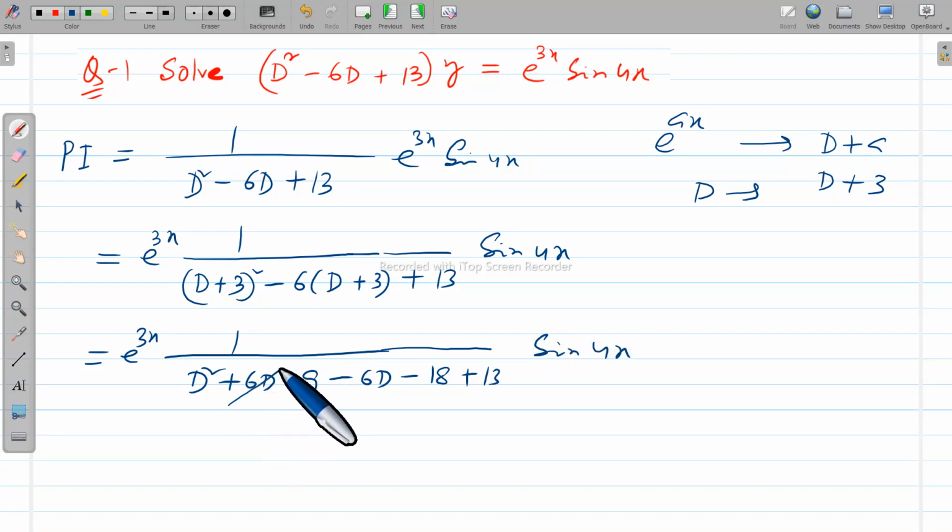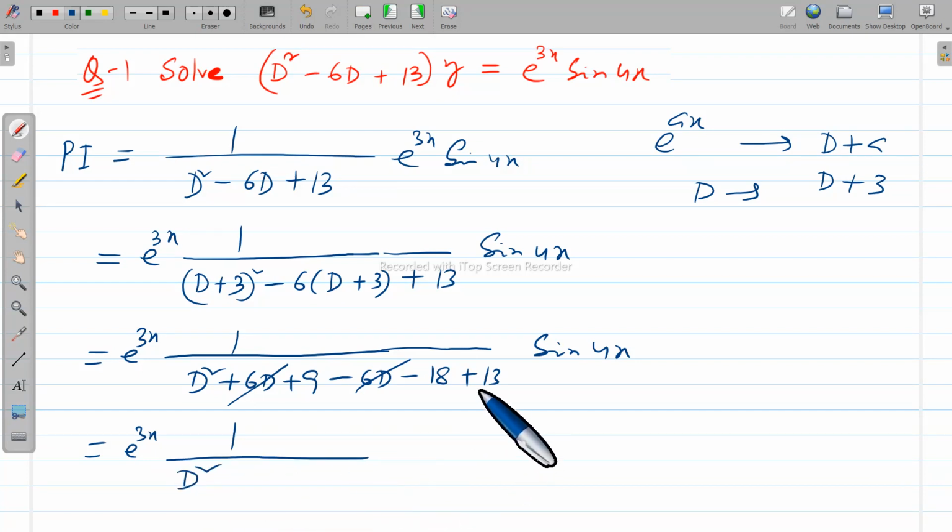So these two cancel. Ultimately what is coming? E to the power 3x times 1 by D square plus. Please add all together. How much is coming? Calculate. 9 plus 13 is 22, minus 18 is plus 4.